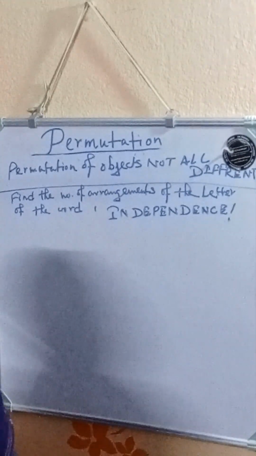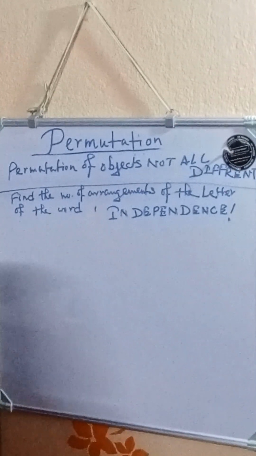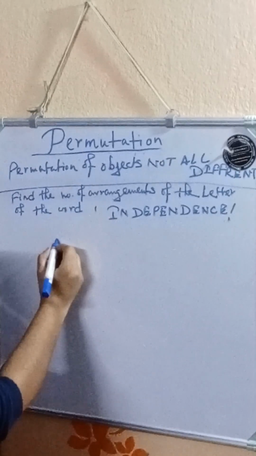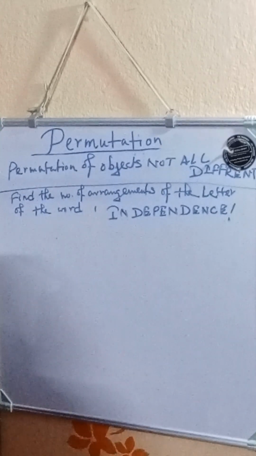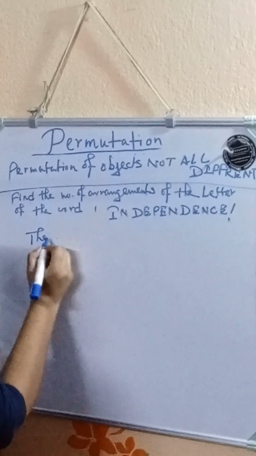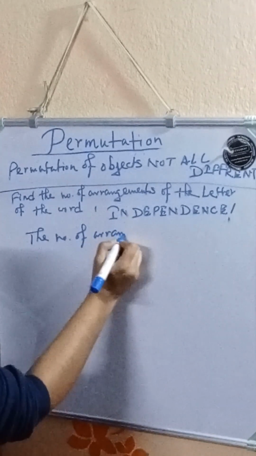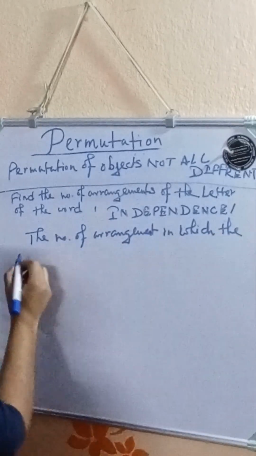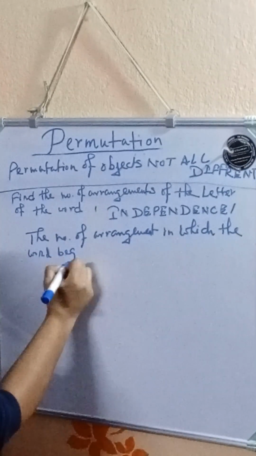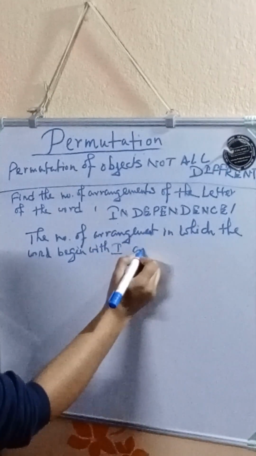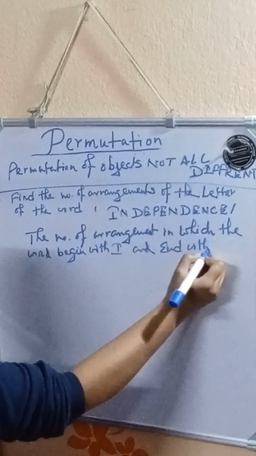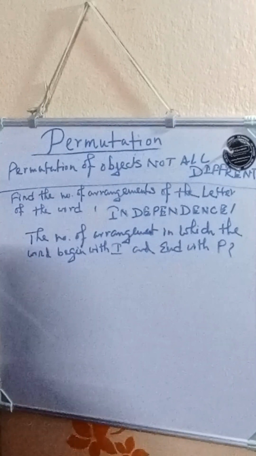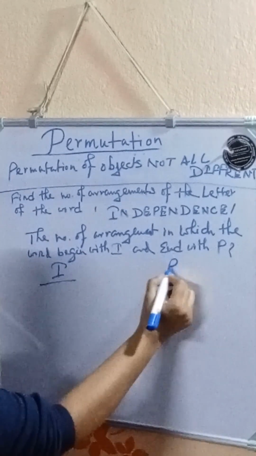Now, the number of arrangements in which the words begin with I and end with P. We fix I at the left end and P at the right end.